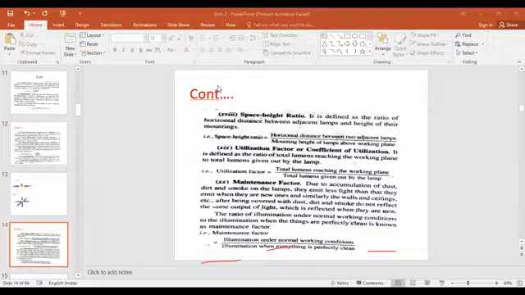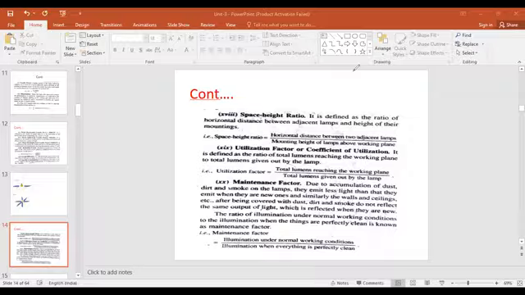Now again an important definition, the space to height ratio. It is also important in numericals; it is difficult to calculate without knowing this formula. What is the space to height ratio? In your home, have you seen two lamps with some space between them?